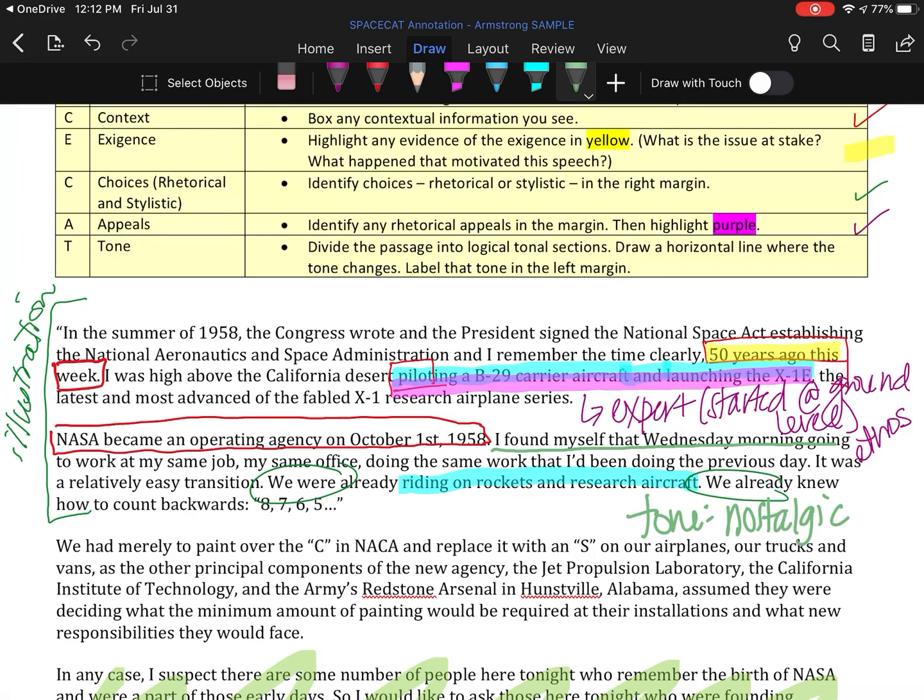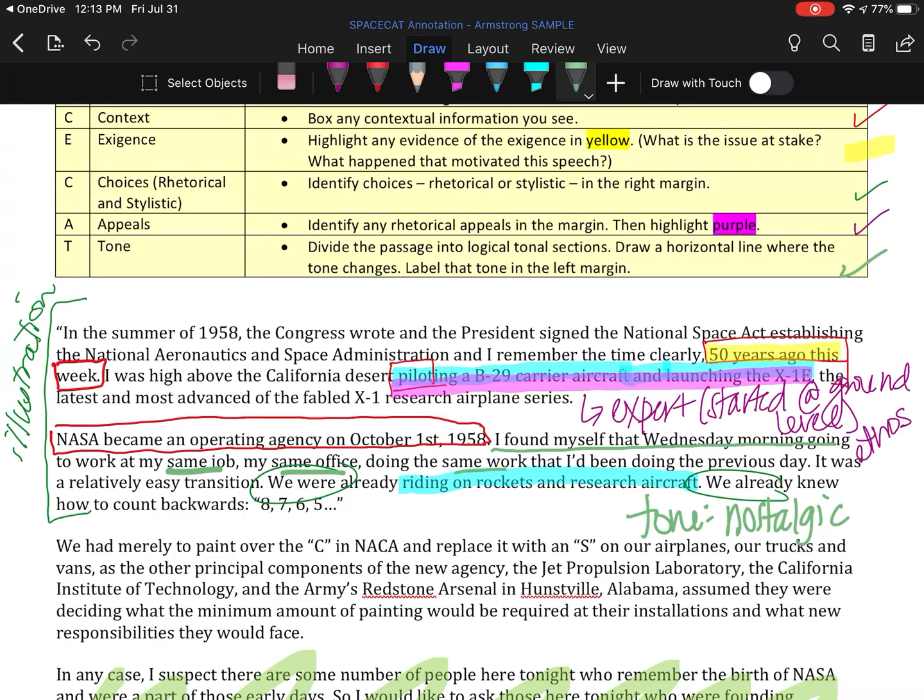And the reason is he's talking about talking to his same office and the same work and things like that before this big change in his life that became NASA.